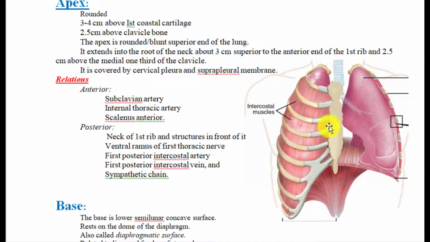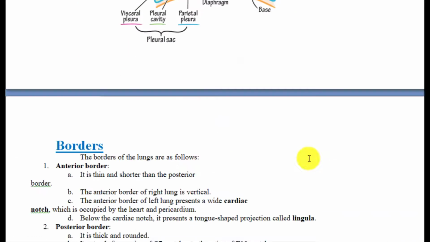So these ribs put some impressions on the costal surface of the lungs. This is the costal surface towards the ribs, and here, if you follow the cursor of this marker, this one towards the mediastinum, towards the heart, these two surfaces are the medial surfaces, right?